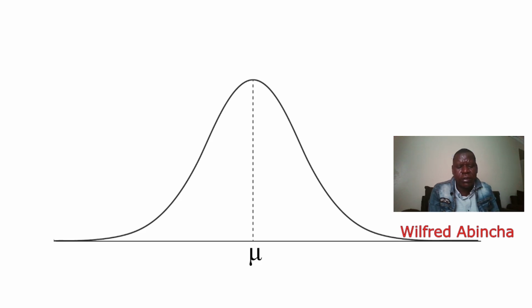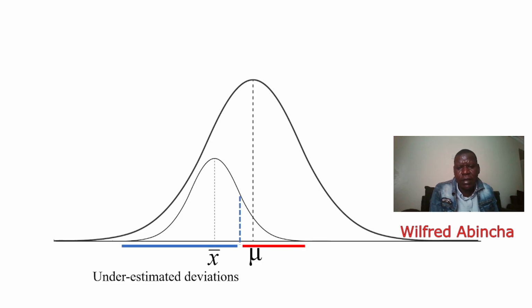In sample collection, the sample may fall on this side, whereby the sample mean, x bar, is less than the population mean. I want you to note that the observations on this blue line are near the sample mean, but far from the population mean. That means the deviations from the sample mean on the observations on this side are going to be less compared to the deviations from the population mean.